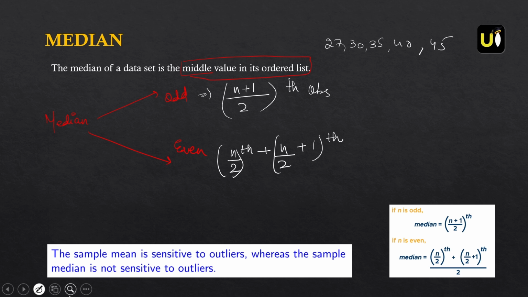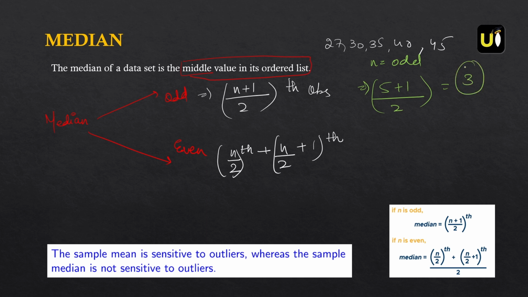So here the number of terms is odd, so we will apply 5 plus 1 upon 2, so that would be 3. All right, so the third one is the median, so the median is 35 for this data set.